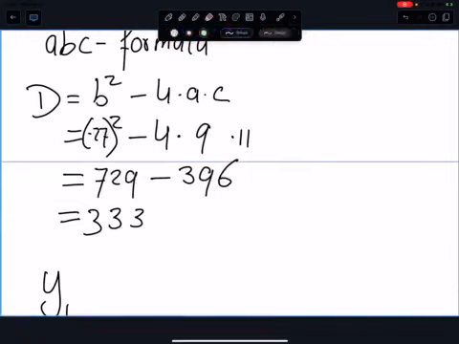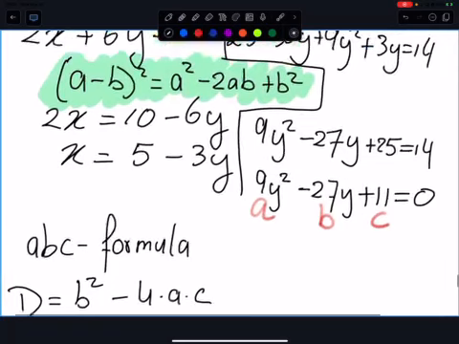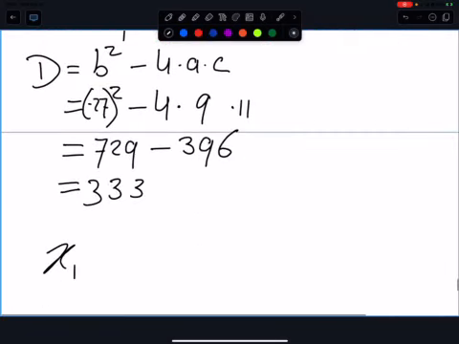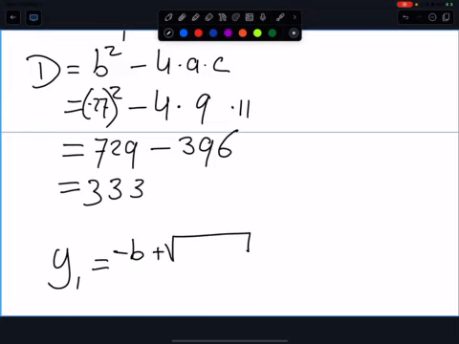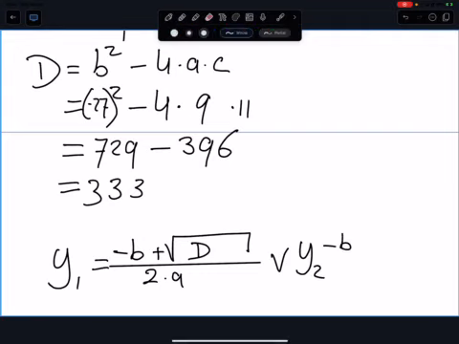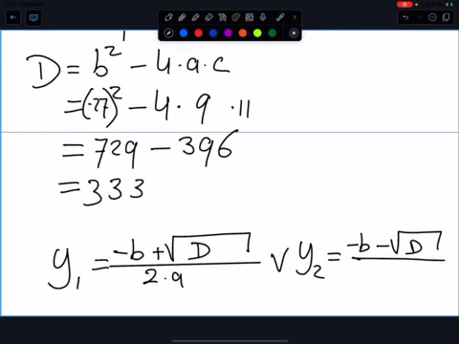Normally the answer would be x1 and x2, but in this case we don't have x, we have y. So your y equals minus b divided by 2 times a, or two times a.